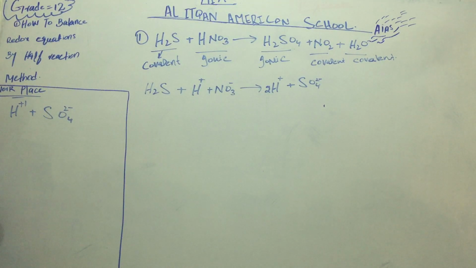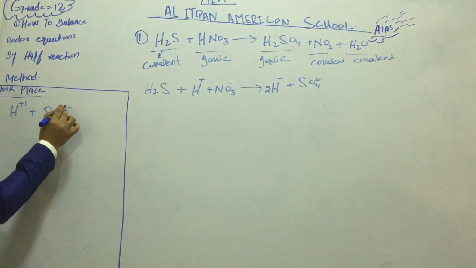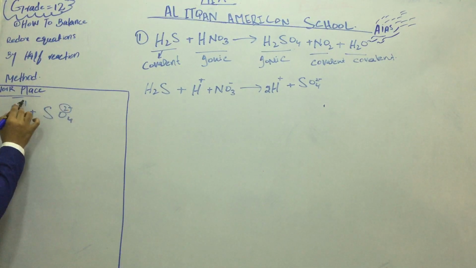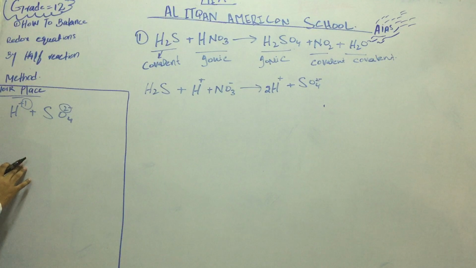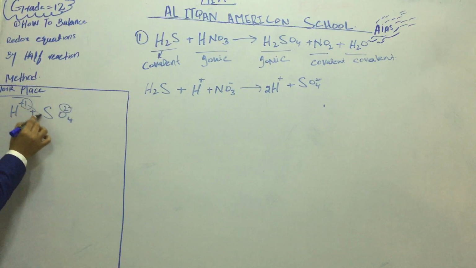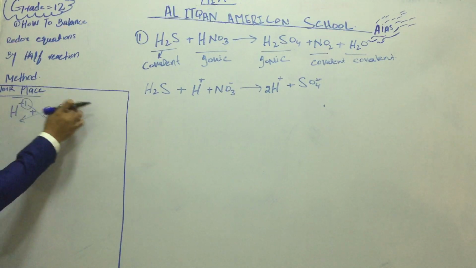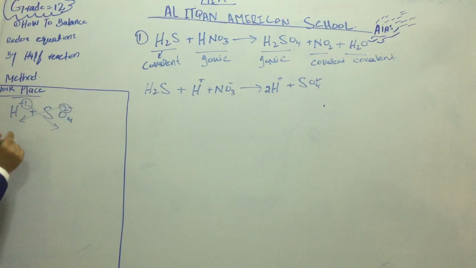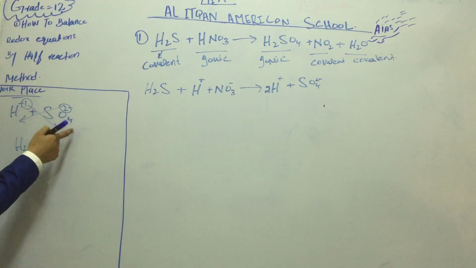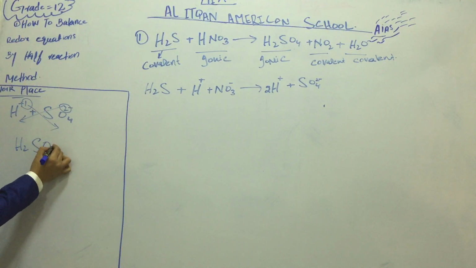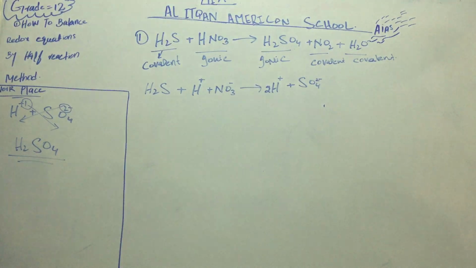So when making a compound, their charges, their numbers, are shifted without their signs. So 2 was there, that comes with hydrogen as 2. 1 was there, 1 goes to sulfate, but we don't write that one.